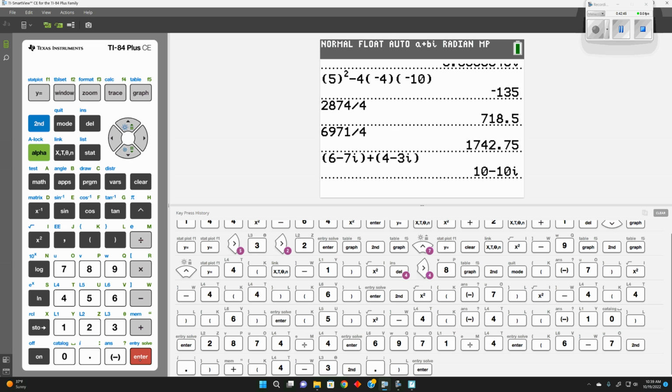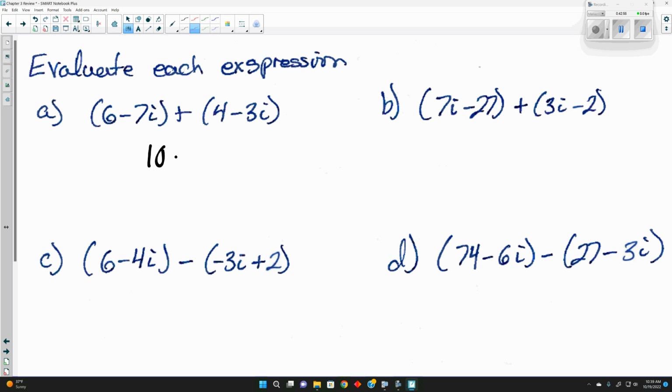Even if it has to the 4th power, to the 6th power, type it in exactly as it is. Enter. 10 minus 10i. That's it. Addition, subtraction, multiplication. We type it in exactly as it shows up, and the calculator will do it for us.